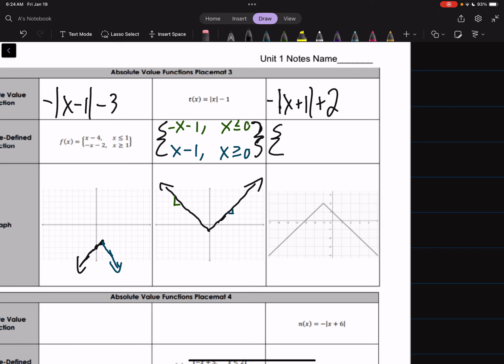Our two equations, the one on the left. Again, slope is 1. The y-intercept would be 3 if it continued on that line. And we want this on the left side of negative 1.